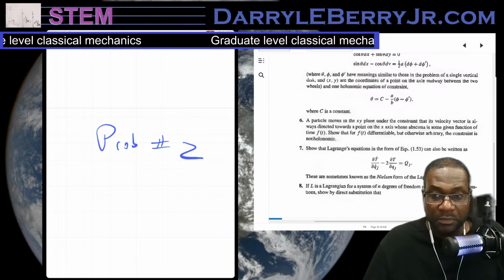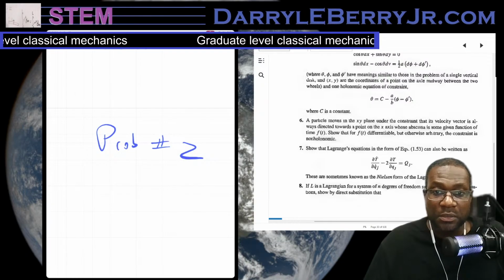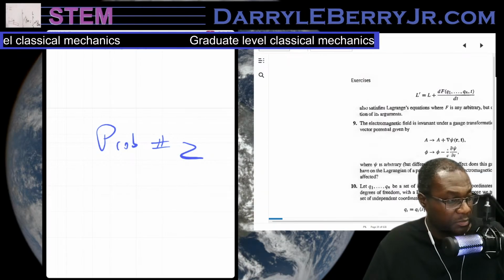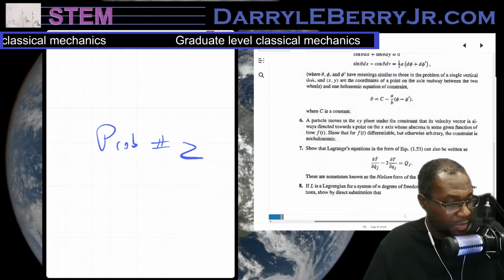And this one is 1.8. So it's the same problem. Next page. Bottom of this one, next one.